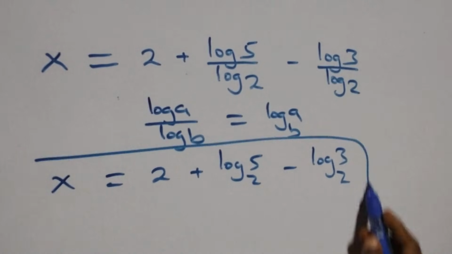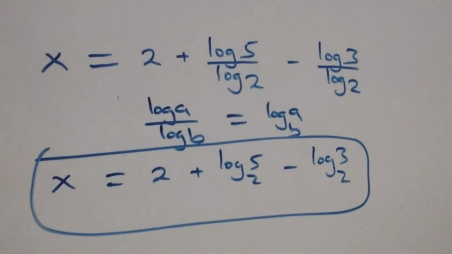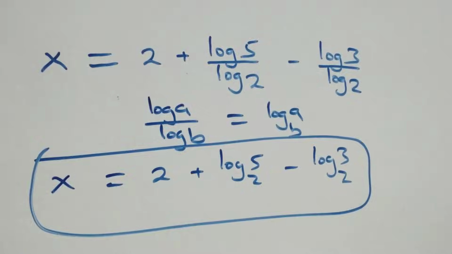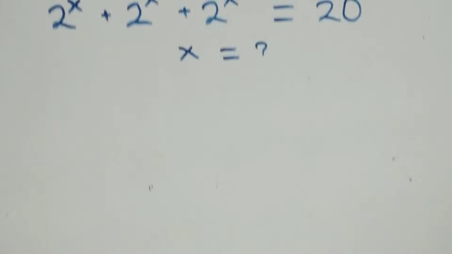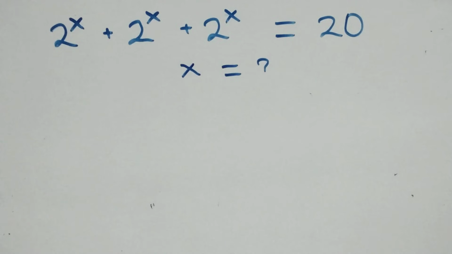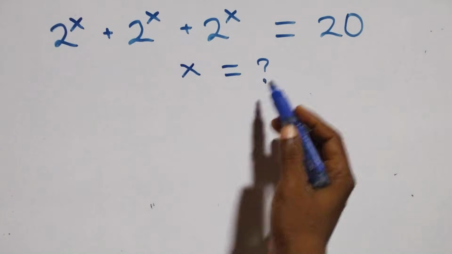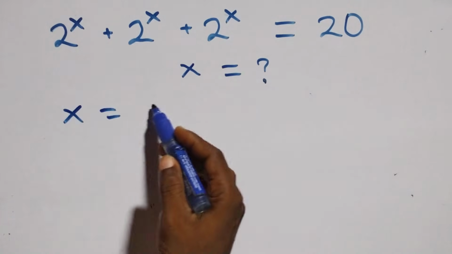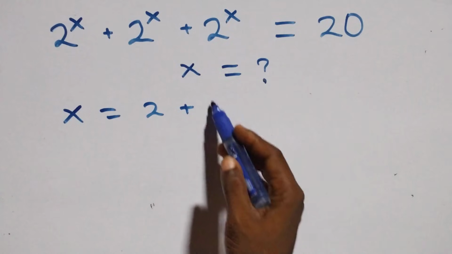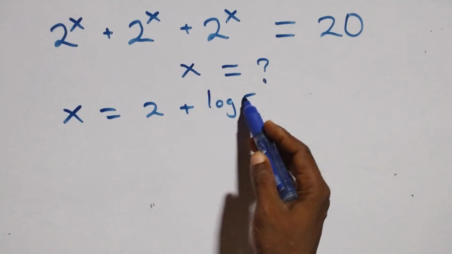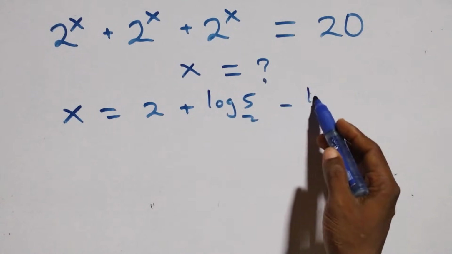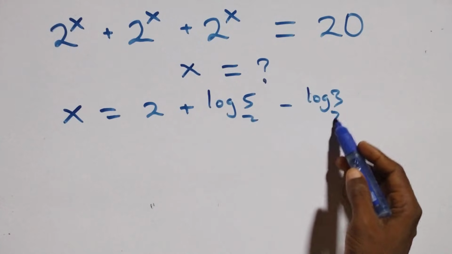That is, we have the value of x in this problem. Then let's check if this satisfies the given problem. We substitute the value of x, which is x equals 2 plus log 5 base 2 minus log 3 base 2.